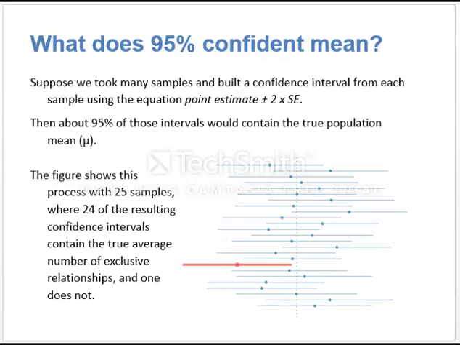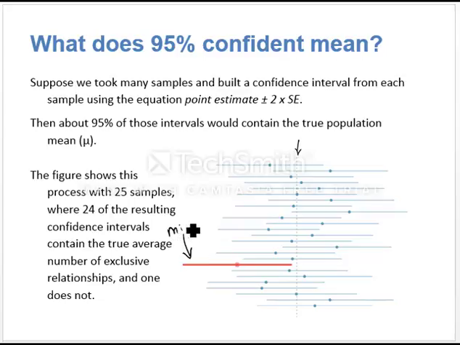So here, the true value for the population mean is denoted by this line right there. Okay? And you can see most of the time that value of the mean is included as part of the range of the values reported for a confidence interval estimator. But we have one miss.